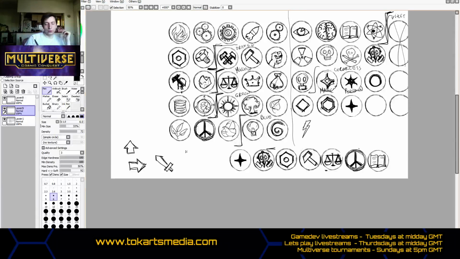A fist again. I don't like fists in symbols. Maybe not a bow and arrow. Anyway, probably a sword. And for health, it will be either a heart or a plus. Probably a heart, honestly.